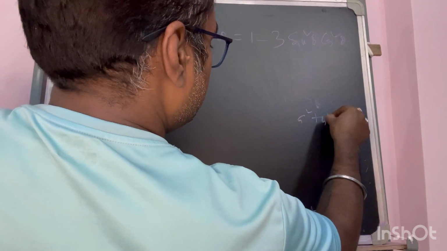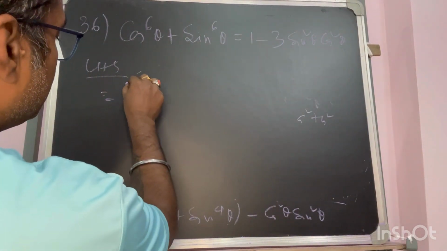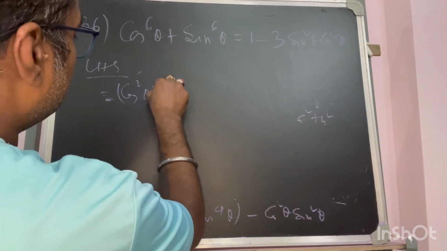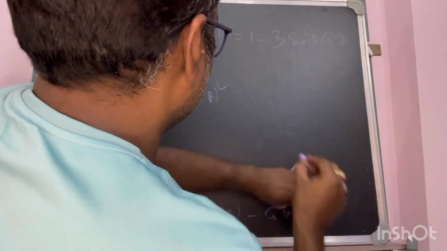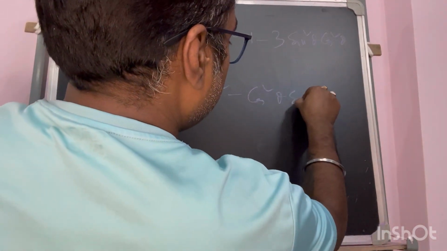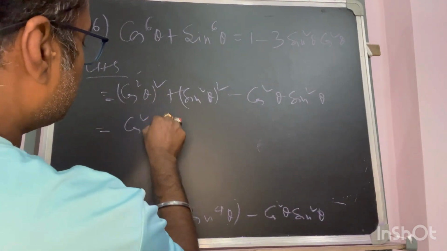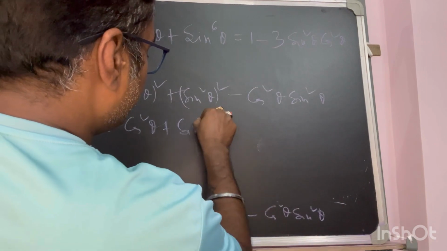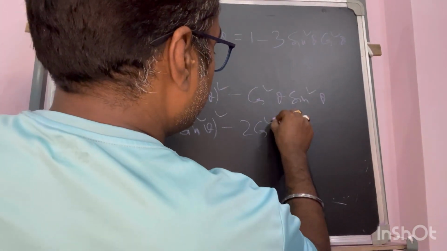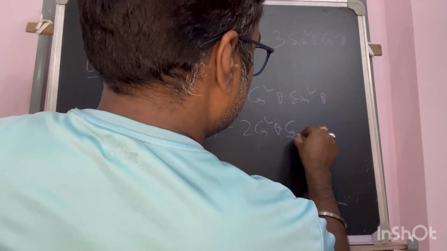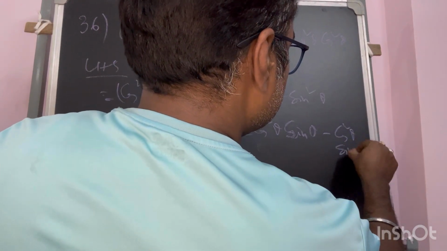Now a square plus b square can be written in another form, as a plus b whole square minus 2ab, and we already have the other term, sin square theta cos square theta.